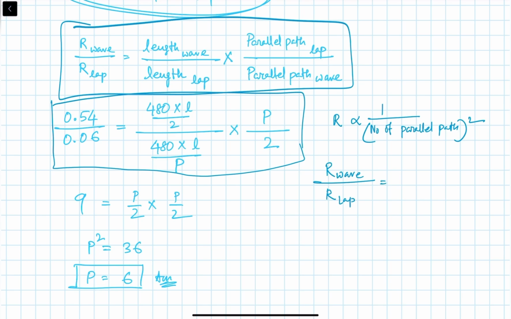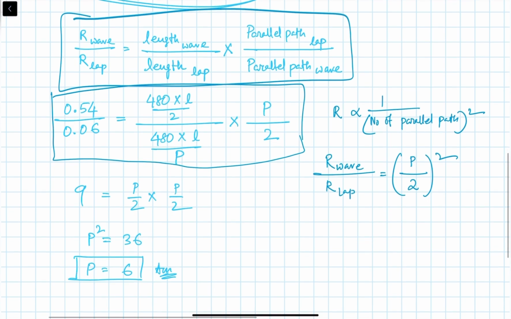In case of wave, the number of parallel paths is 2, and in case of lap, the number of parallel paths is P. So R wave is 0.54 and R lap 0.06 is equal to P square by 4. We are getting this relation directly here.